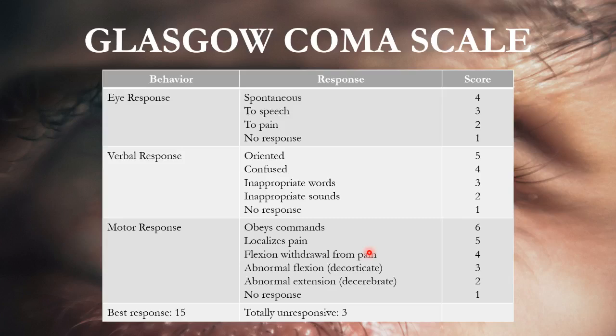The highest score for the GCS, or Glasgow Coma Scale, is 15, and the lowest score is 3. That's when you associate that the patient is in a coma because the GCS is 3. Can we intubate that patient? Yes, because the patient is not alert enough to support the airway.